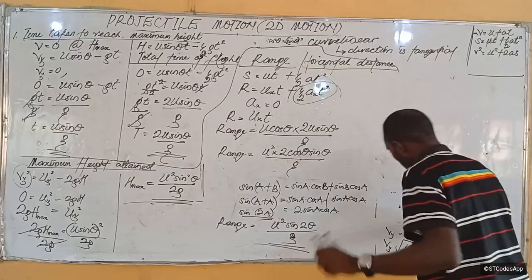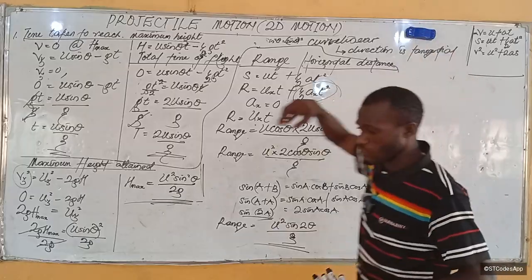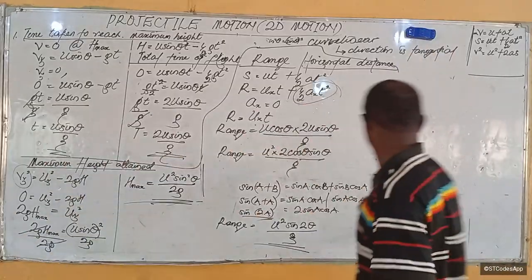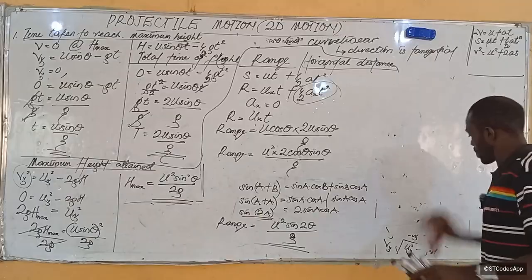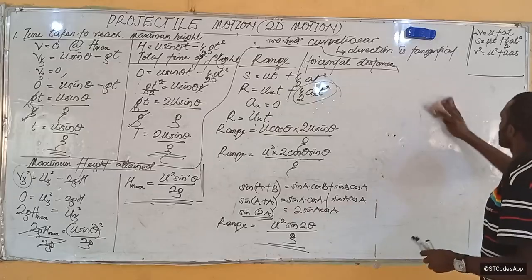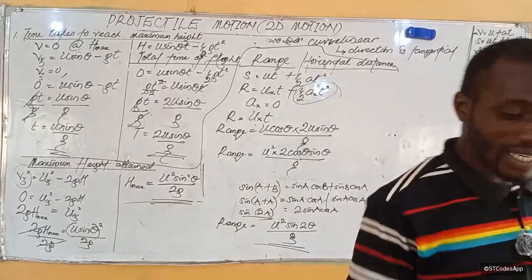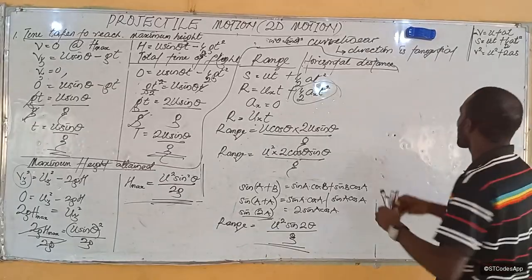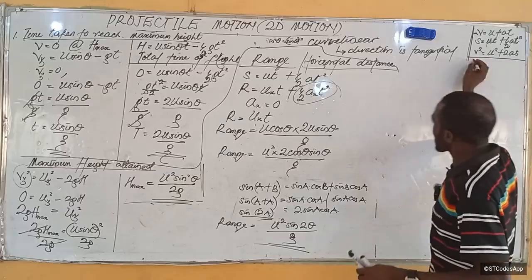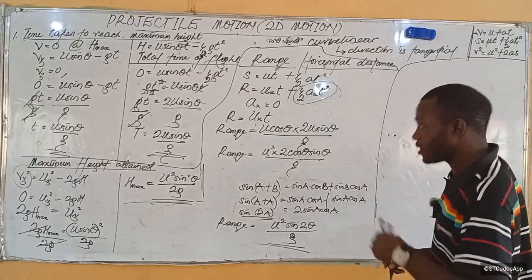It will soon start making a lot of sense by the time we solve questions, by the time we begin to apply these formulas. One of the reasons why derivation of this formula is necessary is because it helps you to understand not just where the formula comes from, but why we need to apply them, when we need to apply them, and how we need to apply them.